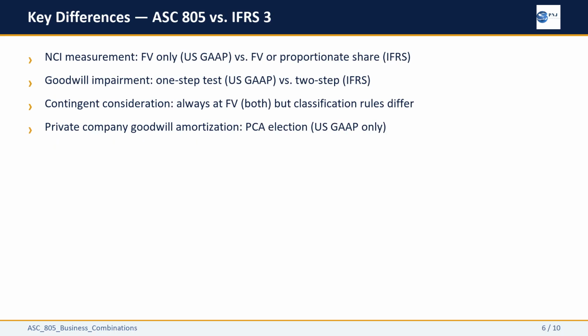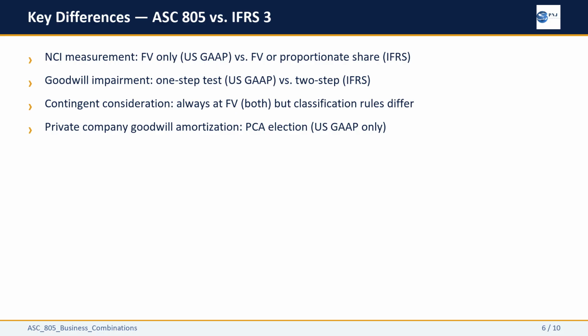The most important difference is NCI measurement. Under US GAAP, NCI is always measured at fair value, the full goodwill method. Under IFRS 3, you have a choice: fair value or proportionate share of net identifiable assets. The IFRS choice produces lower NCI and lower goodwill. On goodwill impairment, US GAAP uses a one-step test comparing carrying amount to fair value of the reporting unit.